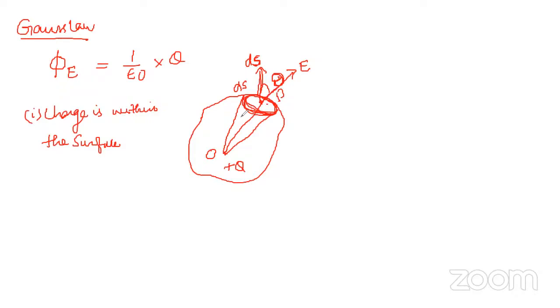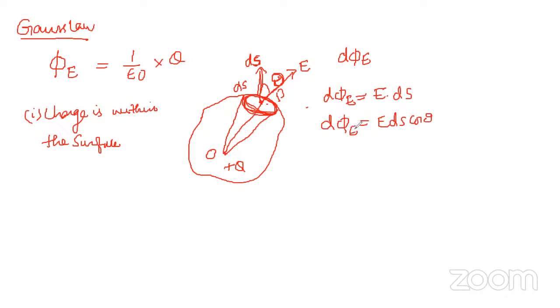Now the electric flux d phi E, which is acting outwards, means the number of electric lines of force passing through the smaller surface dS. This d phi E is given by E dot dS, which is nothing but E dS cos theta.